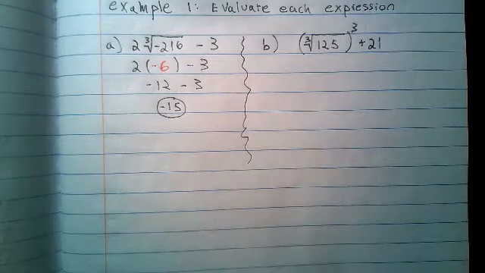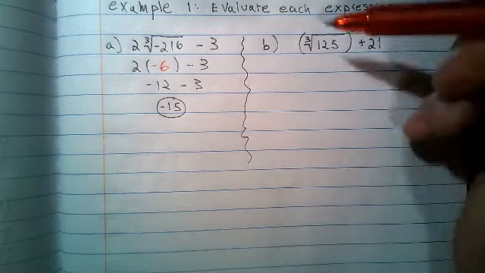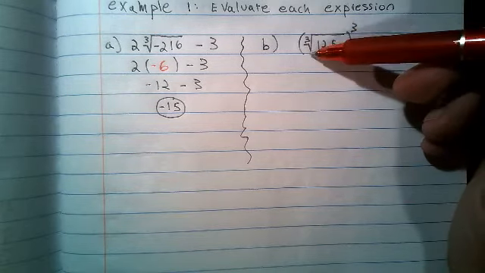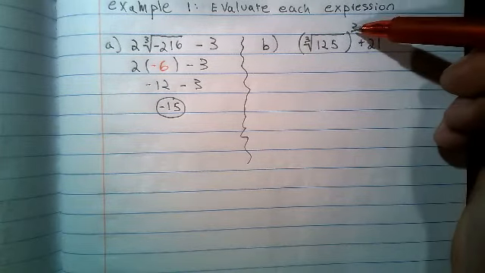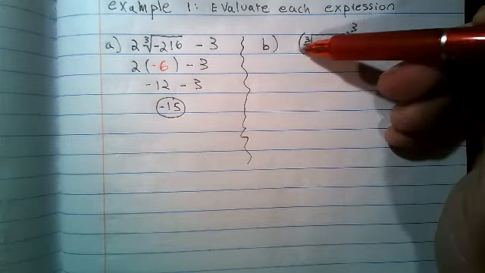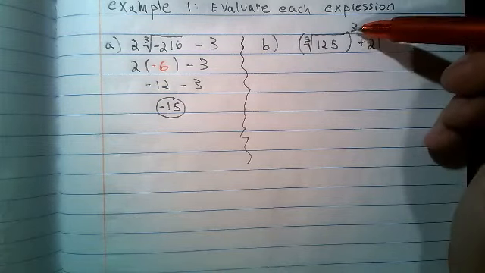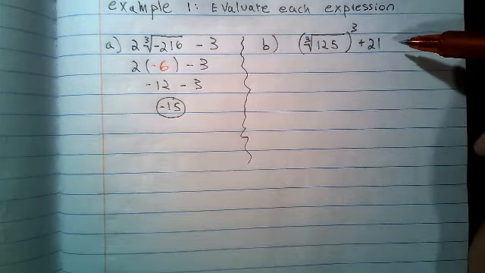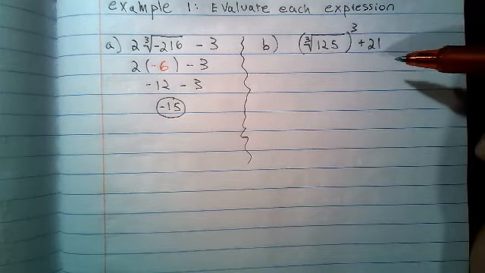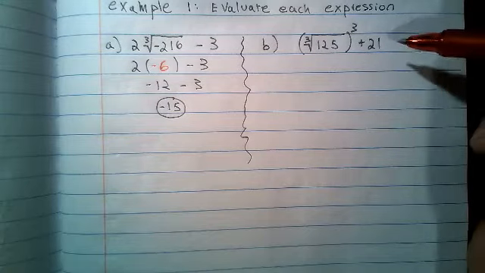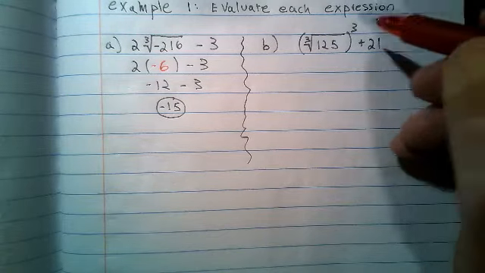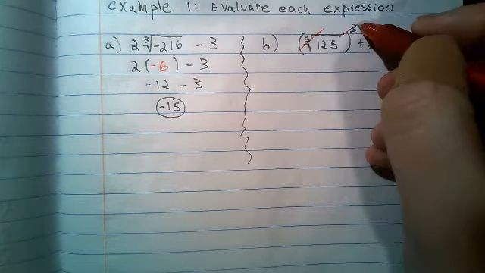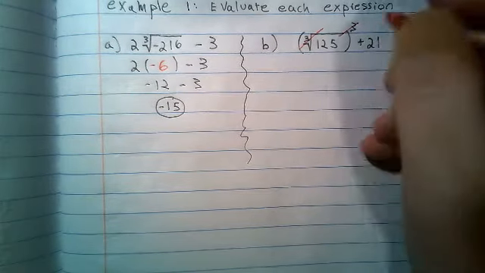Now let's evaluate this one here. So cubing something, right, and taking the cube root, those are opposites of each other. So anytime you see this, the cube root and then cubed, those are opposites. It's like multiplying something by 2 and then cutting it in half, or doubling something and cutting it in half, right? Those cancel each other out. So I can actually do that here. Those are opposites.